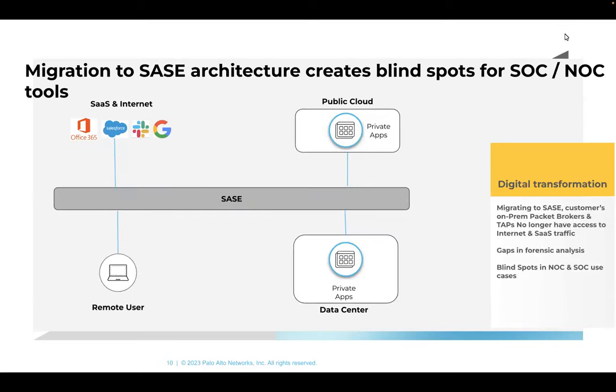Now, things change significantly, right? Now your applications are not in your data center anymore. Either you adopted the public cloud, something like GCP, AWS, Azure, or even more, the explosion of SaaS applications today, it's a reality. So that's on the application side. At the same time, your users are working from anywhere, right?